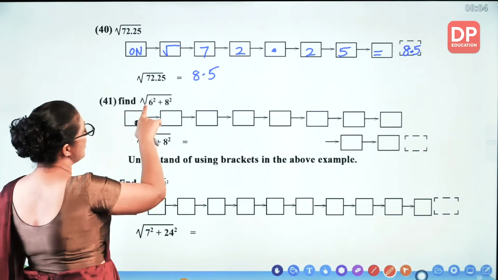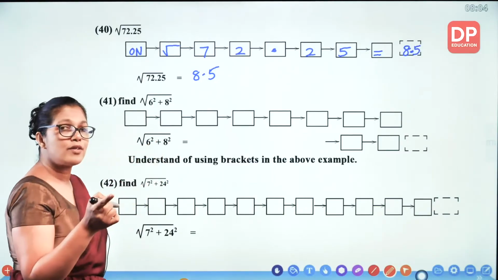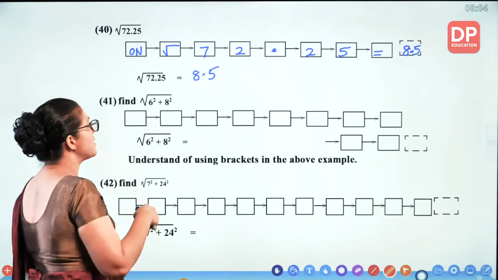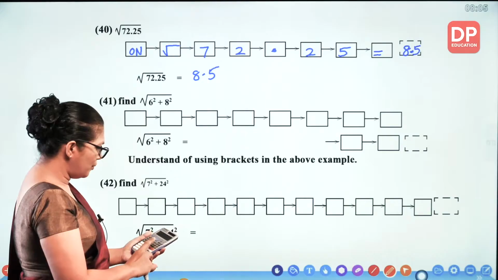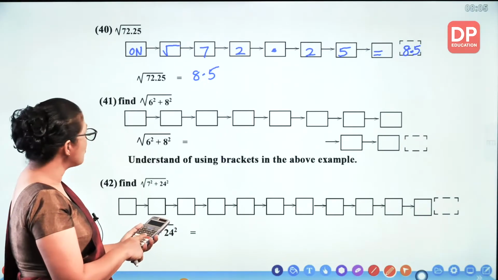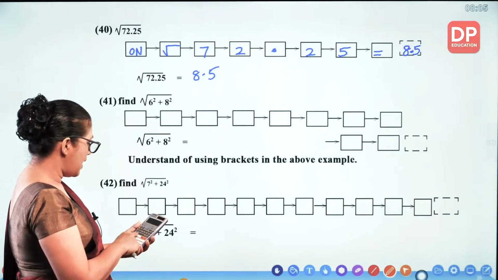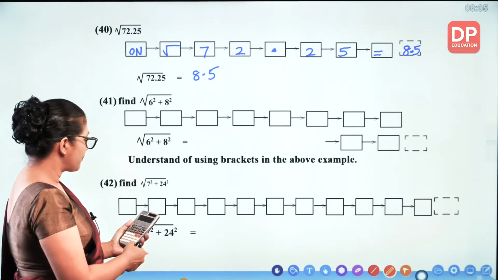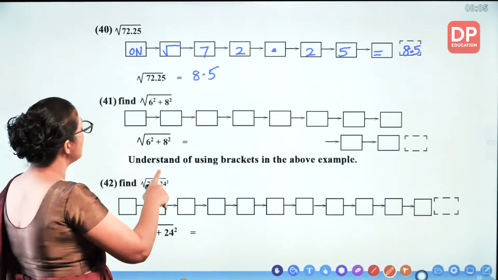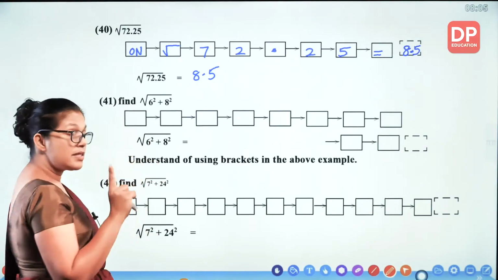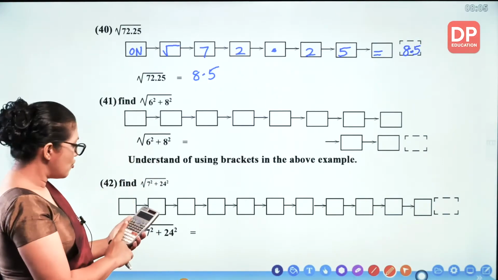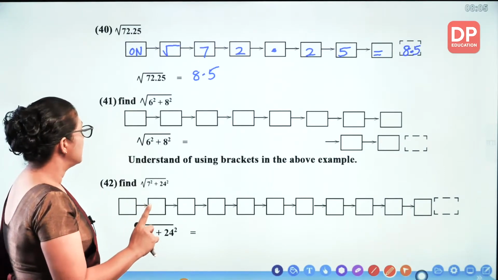Now look at this one. 6 squared plus 8 squared. You get two numbers inside. So when you do square root of 6 squared plus 8 squared, in scientific calculators you get the correct answer.